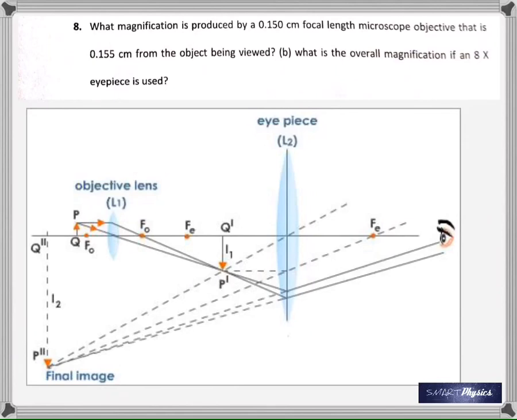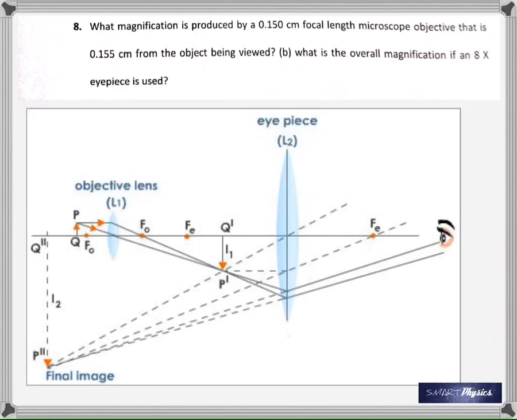All right? And in this question, you're asked to find the magnification produced by a microscope objective of 0.150 centimeter focal length. So that's F0. The object is 0.155 centimeter from the objective. So that is DO.